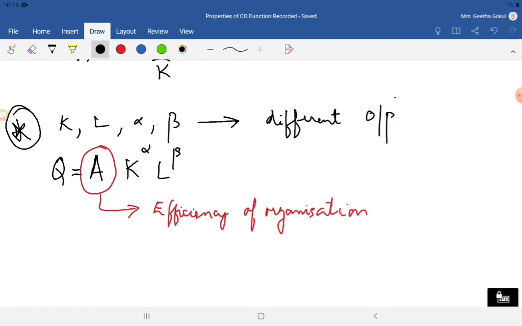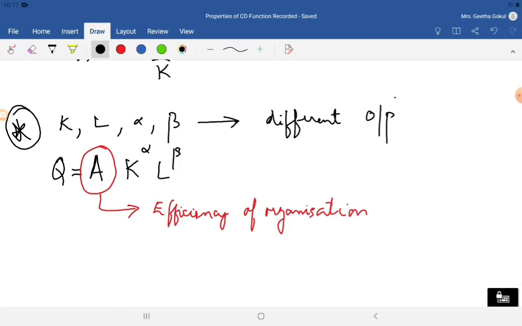As it satisfies Euler's theorem, if each of the factors are paid according to the marginal product, then the total output gets distributed between labor and capital in the respective proportions of alpha and beta. Similarly, it is simpler to derive the marginal product of the factors, and we can show that the marginal product of the factor depends on the quantity of factor being employed.